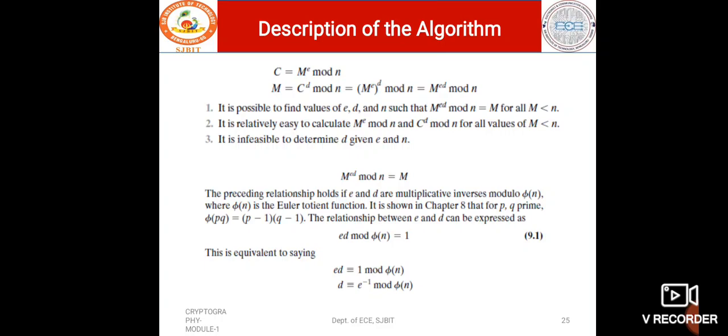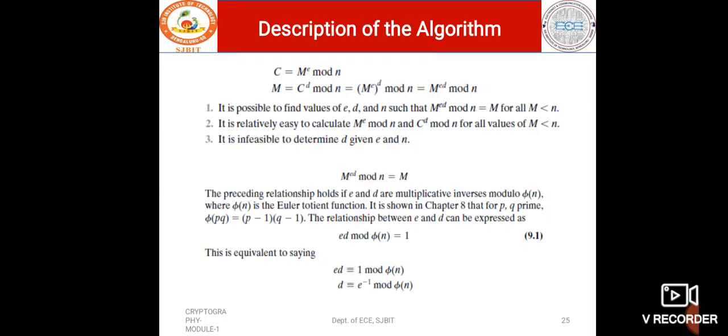Both sender and receiver must know the value of n. The sender knows the value of e, and only the receiver knows the value of d. Thus, the public key PU can be written as e, n, and the private key PR can be denoted as d, n.